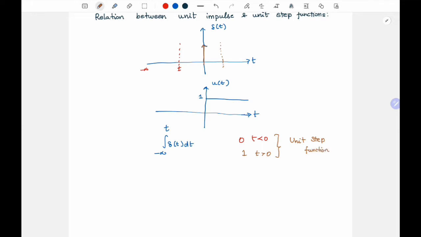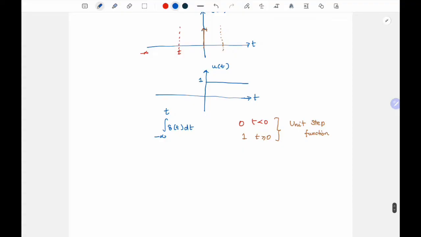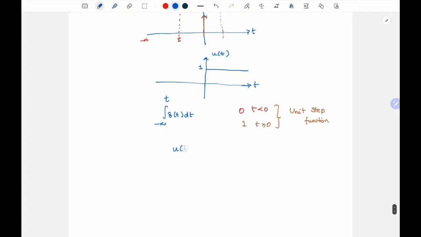And we know that it is not defined at t equal to 0. And we have only taken the value at t equal to 0 as 1. So here also the integral itself is not defined at t equal to 0, because this function is discontinuous and it is also blowing up. So we can define at t equal to 0, it is actually 1. So then, what is the unit step function? u of t is nothing but integral minus infinity to t delta of t dt.